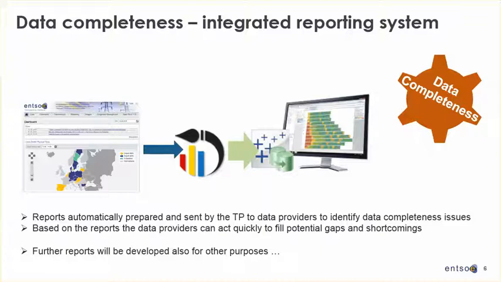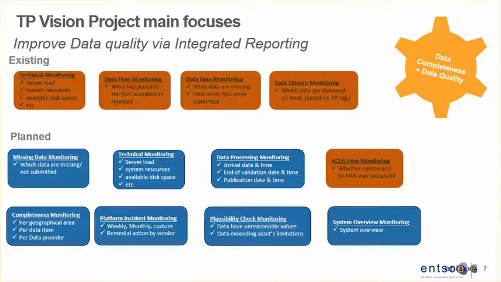Then, on the basis of the reports, the data providers can act quickly to fill potential gaps and shortcomings, and of course, further reports are going to be developed other than the ones that we'll be talking about today. So this is just an overview, if you could go on to the next slide, of what's there already, what's planned, and what's being developed up to date.